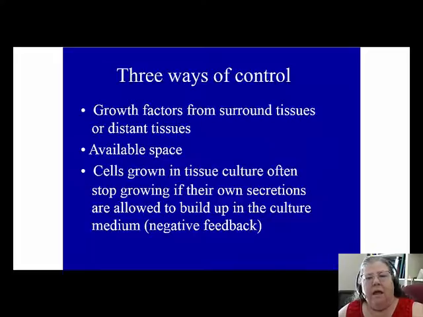And then there's some negative feedback. The secretions, the substances that are made by a cell, may slow its reproduction if they are not taken away. So cells that are grown in tissue culture will often stop growing, while cells in a living system often have ways for those substances to be diffused away and not to limit growth.